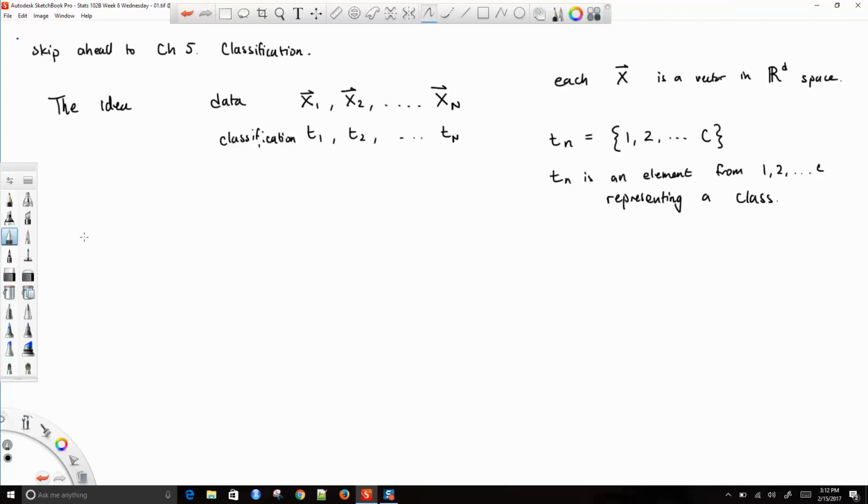Okay, so we've already seen this. Our artificial neural network was an example of a classification method.